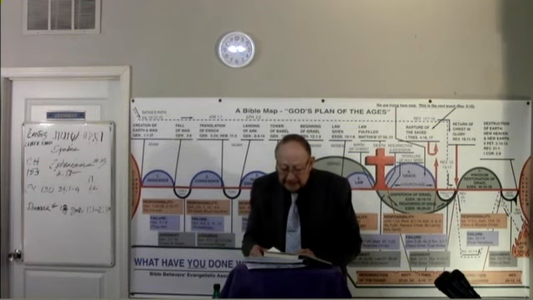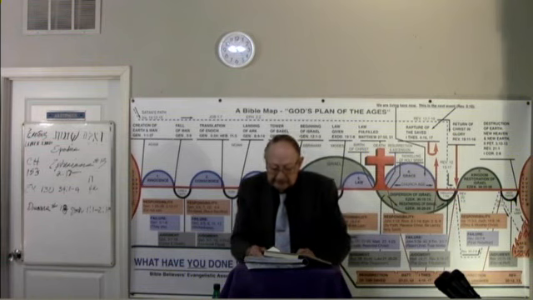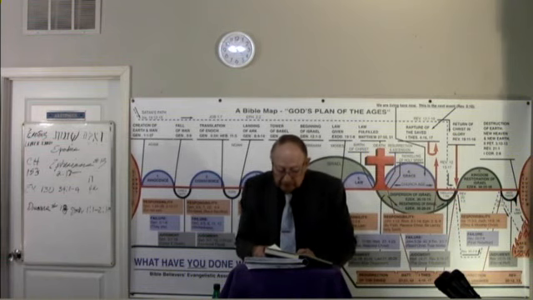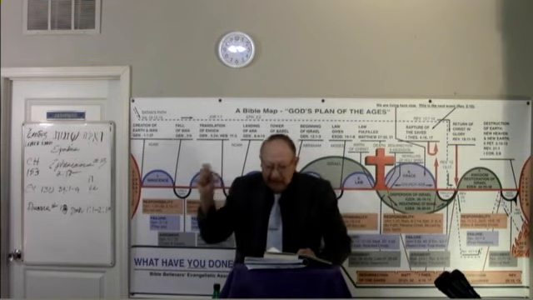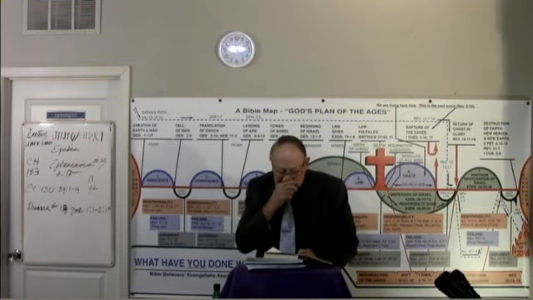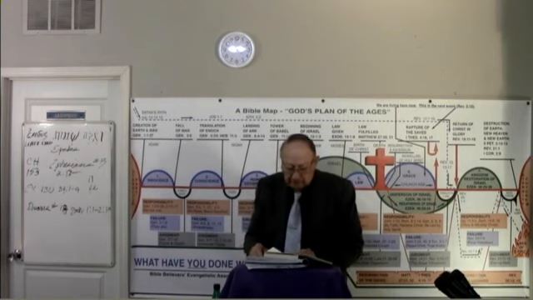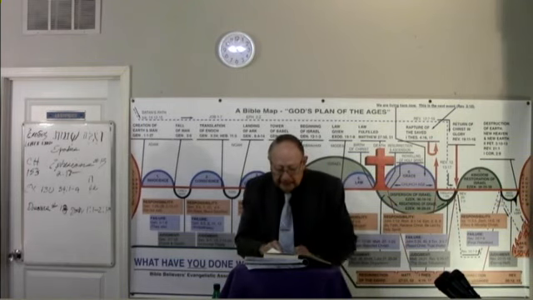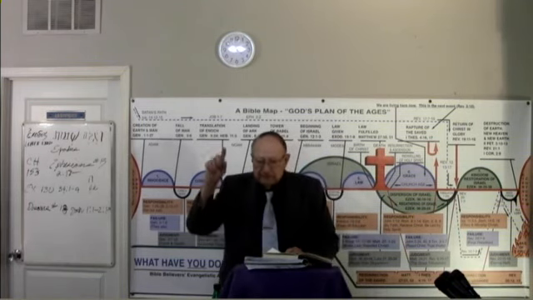Samek is like S in set, and it represents a prop. Then we have the word Ayin. Ayin means eye. Then we have the word Pay. A soft pay starts with a PH sound.